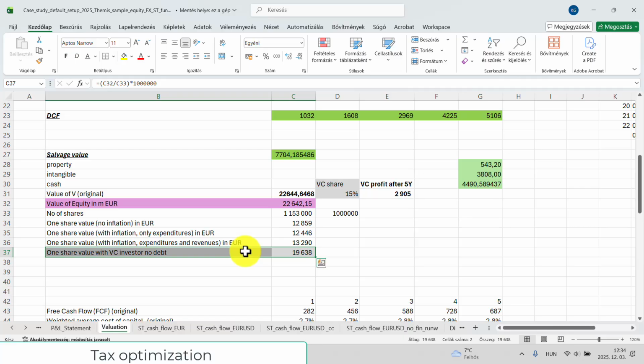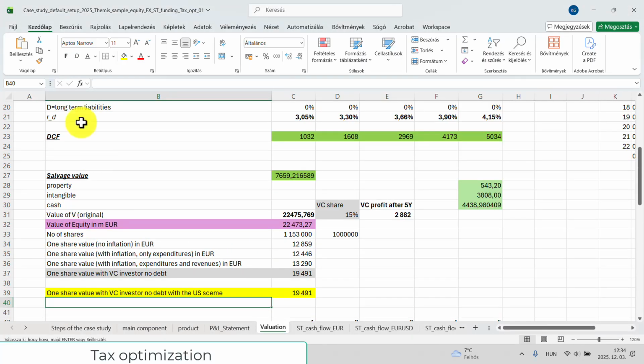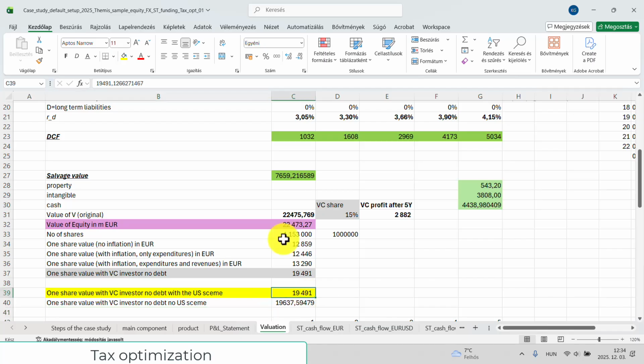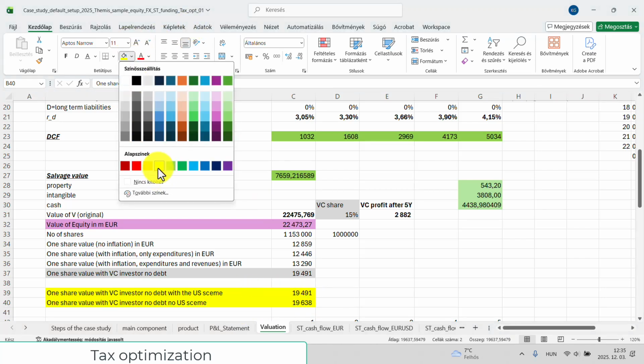Valuation. So obviously share price dropped a bit because we rechanneled some of our revenues.